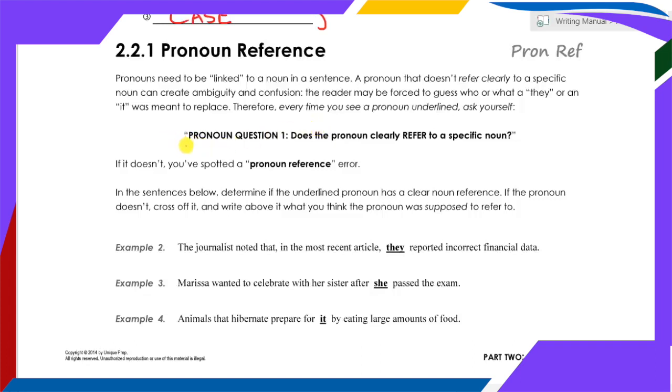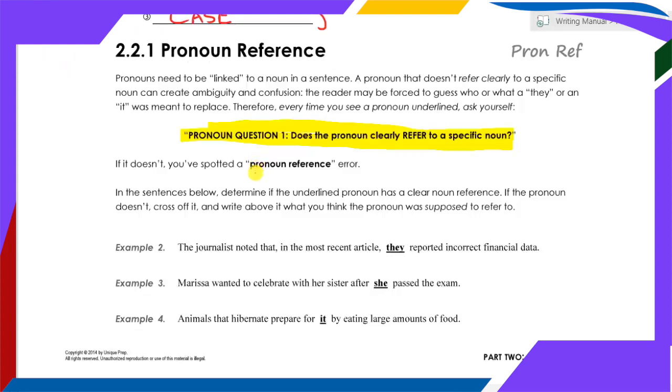So the question associated with this rule, the question you're going to need to ask yourself is, does the underlined pronoun that I'm seeing refer clearly to a specific noun in the sentence? If it does, great, no problem. If it doesn't, you may have a pronoun reference error.